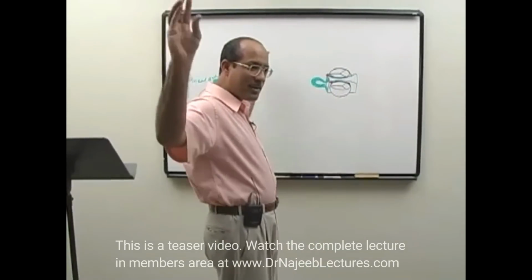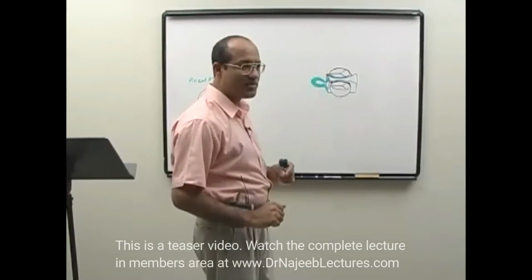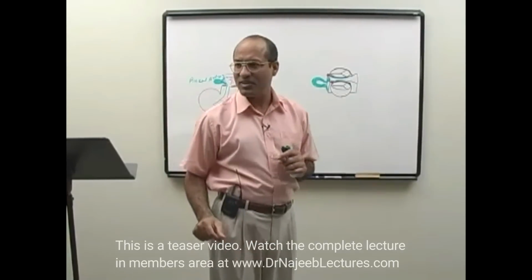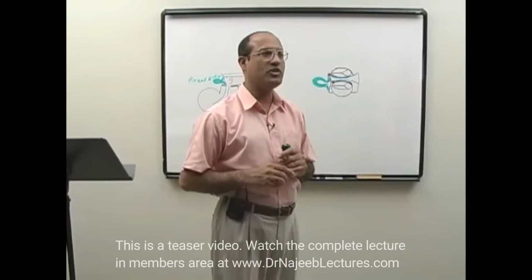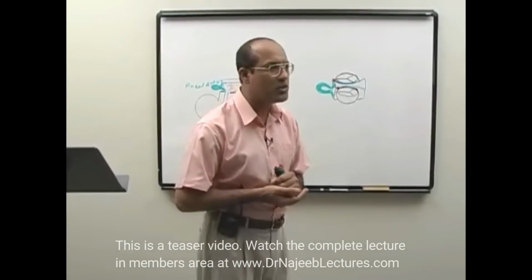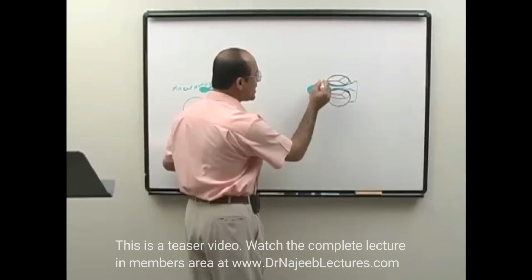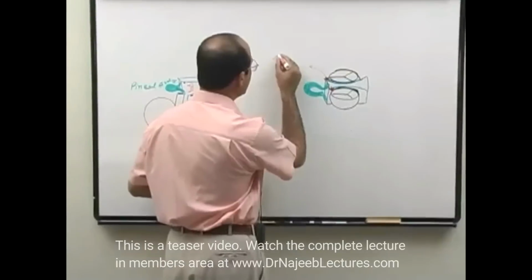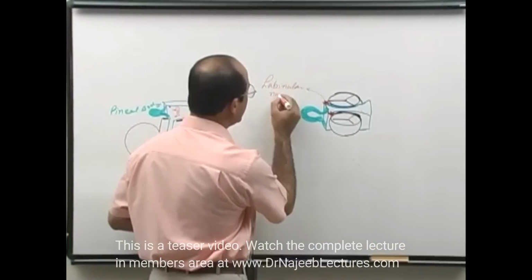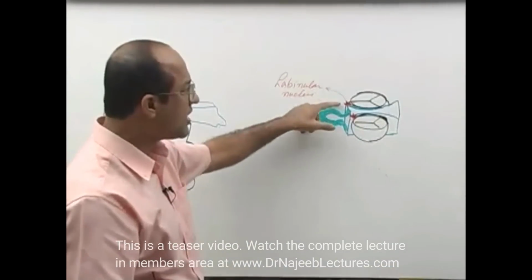And at the top, on this side and on this side, what is there? These two stars. What are these stars? Anyone? These are not hypothalamus. These are habenular nuclei. So how many habenular nuclei are there?